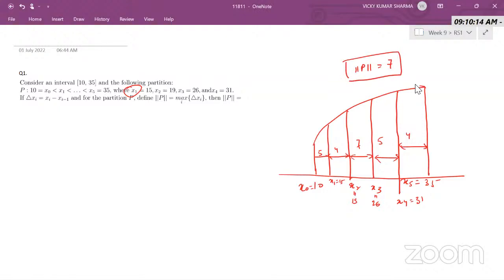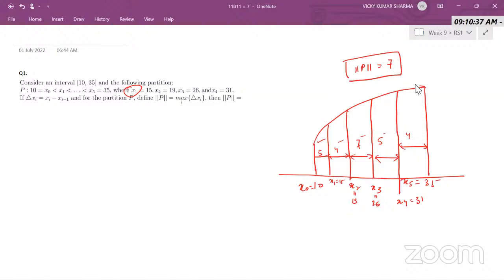All right. Now you can tell me easily: what is delta Xi? That is varying, something we found out. Now if I have to ask you to find the area for this, how will you do it? You actually cannot, because your function value is not given.